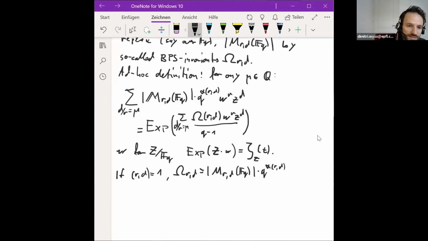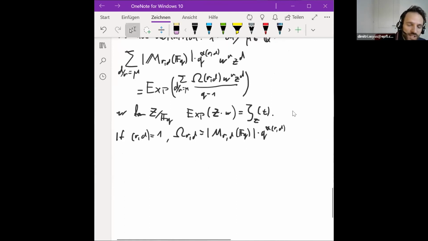But in general it will be more involved. To compute omega r,d, you will have contributions from M_{r,d} of smaller rank and degree. But this turns out to be a sensible invariant.